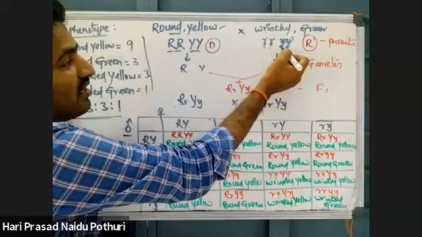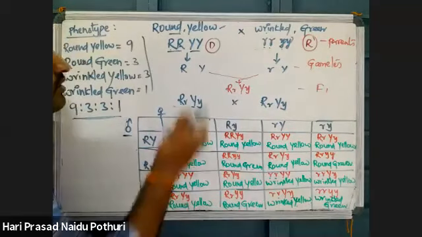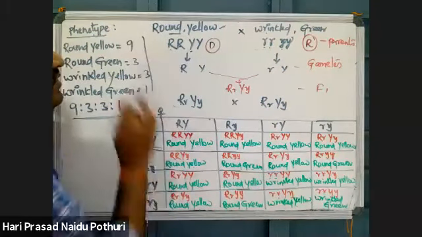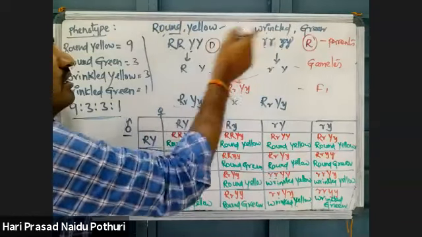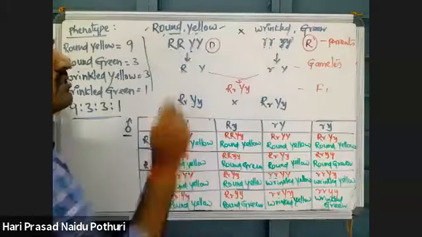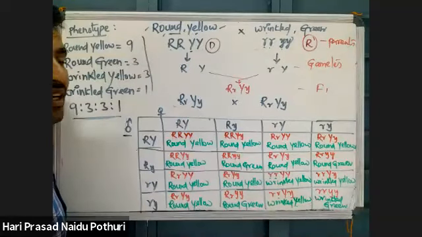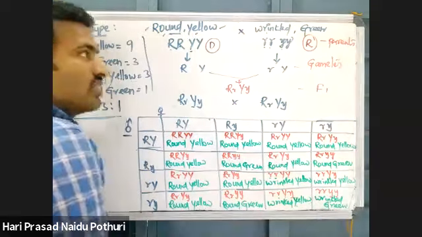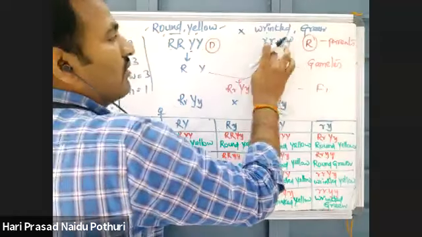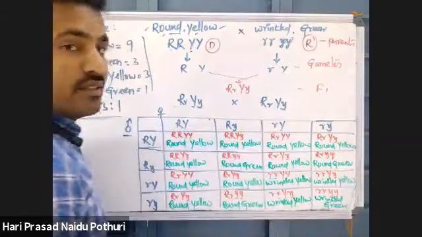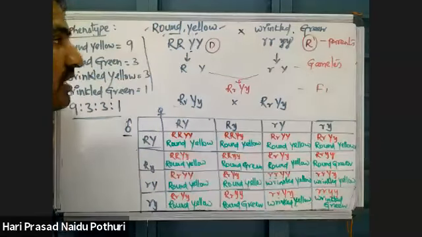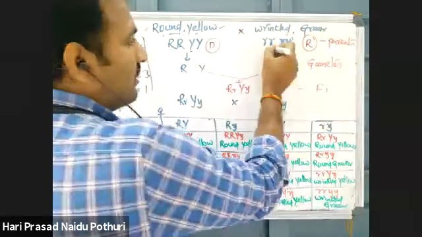This homozygous dominant parent with round and yellow seeds is crossed with another parent which has wrinkled seeds and green color, and that has this genotype.